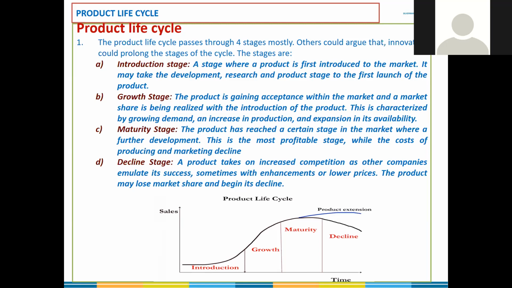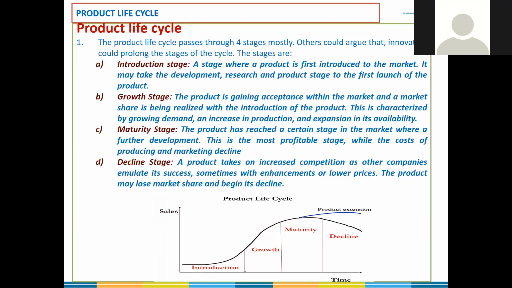Then the product will also decline. Okay, a product faces increased competition as other companies emulate its success, sometimes with enhancement or lower prices. The product may lose market share and begin its decline.